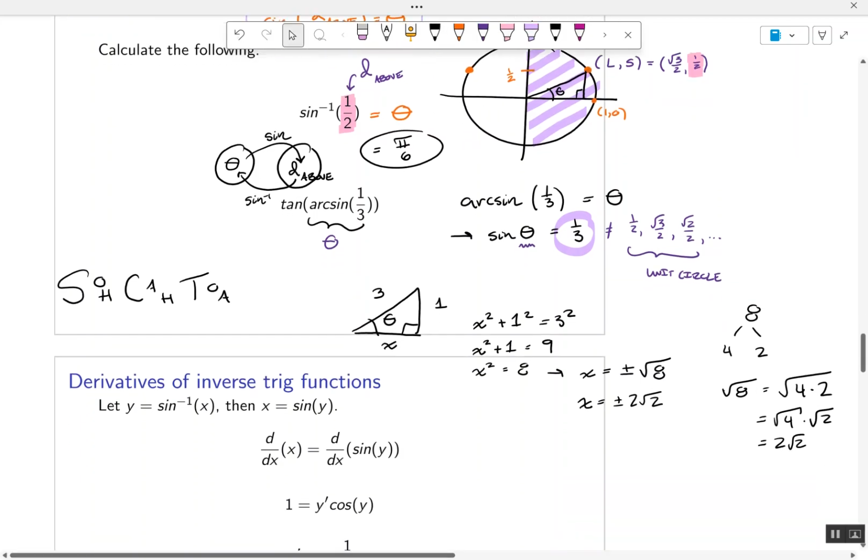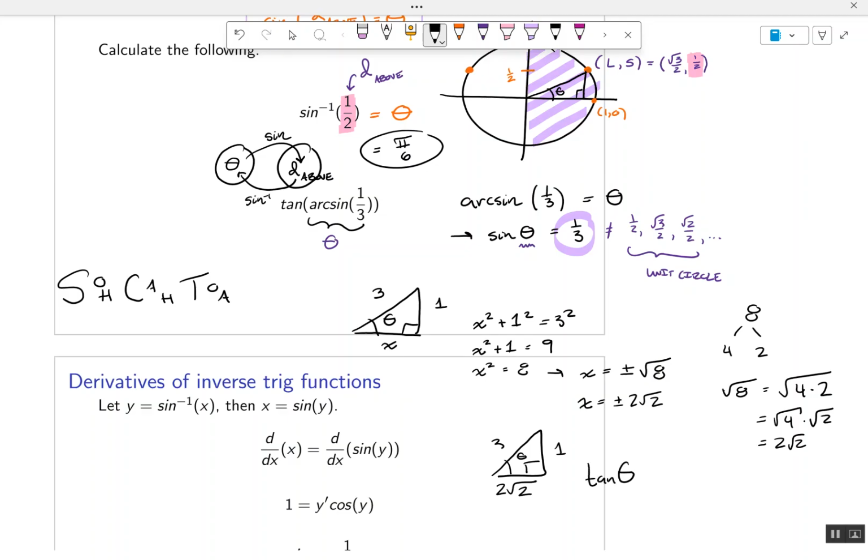So we can redraw the diagram. And now what we're looking for is tangent of theta. This is my opposite over adjacent, and that's going to be 1 over 2 square root of 2, which is our final answer.